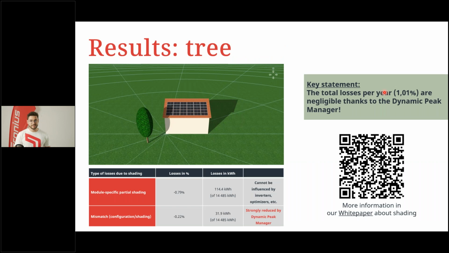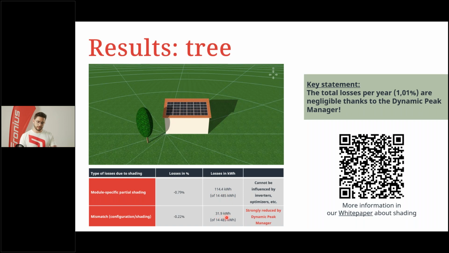Right, and the second result of our simulation would be with a tree shading the system. And as you can imagine, a tree could have a little bit of a bigger shading than the chimney. And the results, again, are a module-specific shading and the mismatching losses. And both of them would be around 114 kilowatt hours and 32 kilowatt hours.